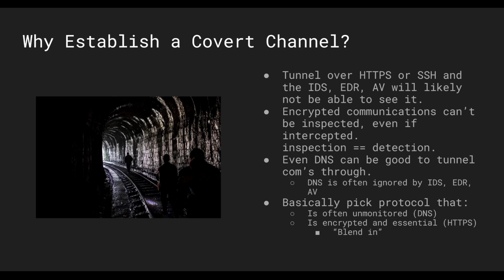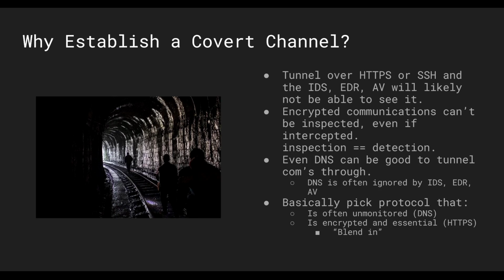HTTPS, the S stands for secure, which means that the packets are being encrypted, which means that the sender and the receiver can lock and unlock that packet and view the contents. But anything in between can't. Things in between could potentially capture the packets, but they can't read them. They don't have the secrets necessary to read those packets, and they might not even have the context, even if they did, to view those contents. But so that's the whole idea behind establishing that covert channel.